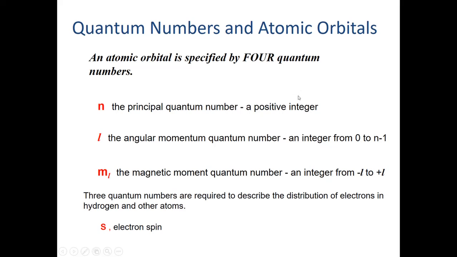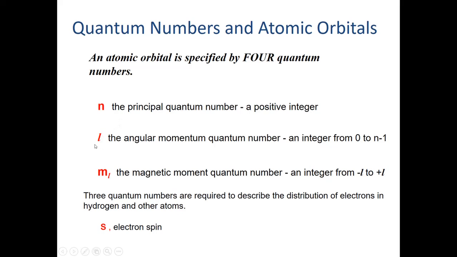Okay, let's continue our lecture with quantum numbers and atomic orbitals. An atomic orbital is specified by 4 quantum numbers. N represents the principal quantum number, and the value for N is a positive integer.